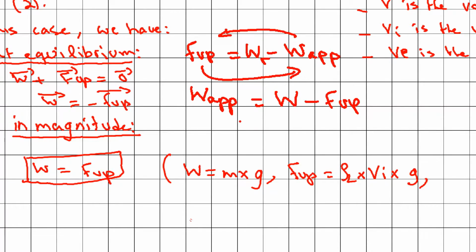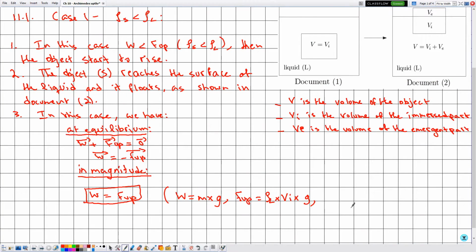But knowing that W and F upthrust are equal, replacing F upthrust by W, the W apparent will be 0. So here let me write that in this case the apparent weight is equal to W minus F upthrust.